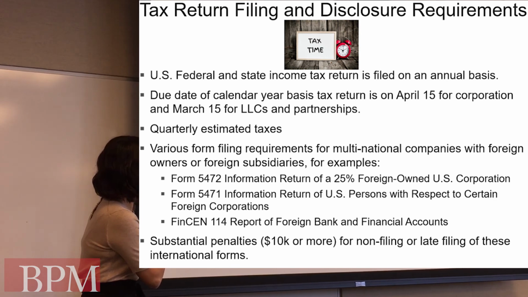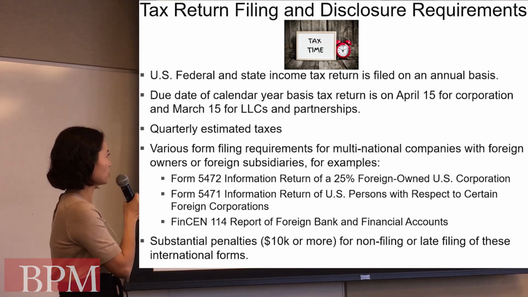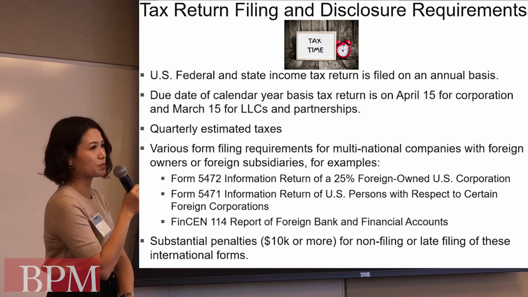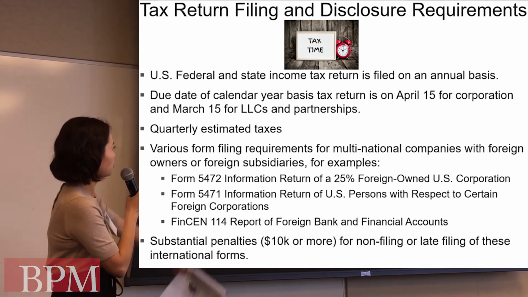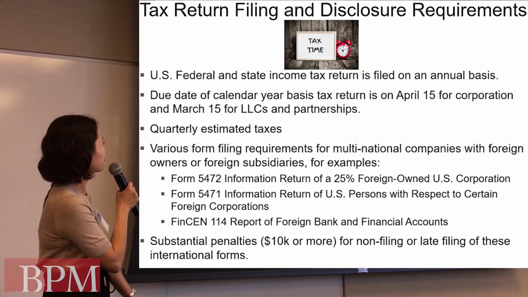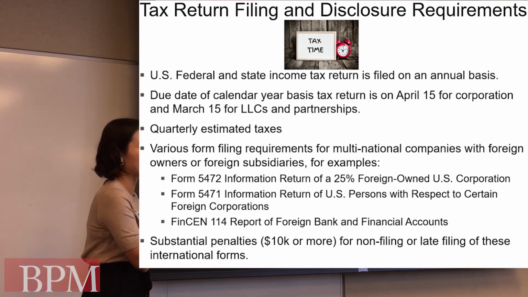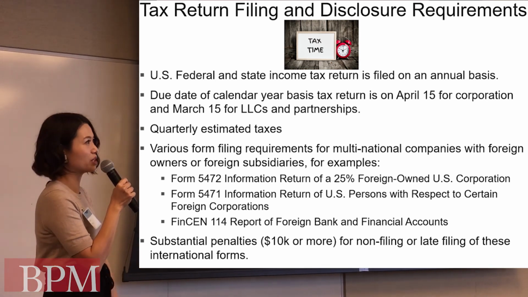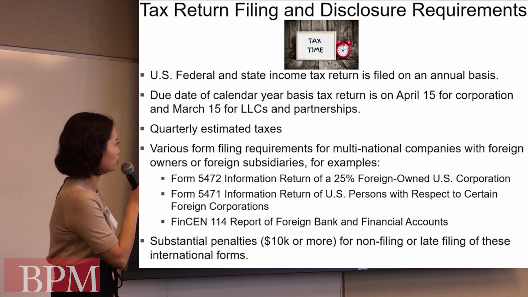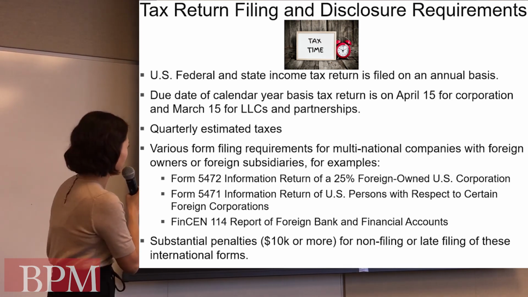There are also different filing requirements for multinational companies with foreign owners or US companies with foreign subsidiaries. These are some examples of the forms that are very complicated: Form 5472, 5471, and also if the US company has any bank account in a foreign country, it has to report the foreign bank account information to the US government.